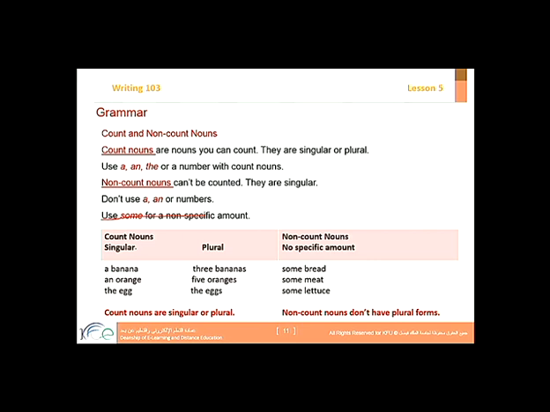So, countable singular nouns, a banana, or 3 bananas, or 4 bananas, or 5 bananas, because it's countable. فنقدر نستخدم قبلها رقم. An orange means 1 orange, or we could say 3 oranges, 5 oranges, 6 oranges, 7 oranges.